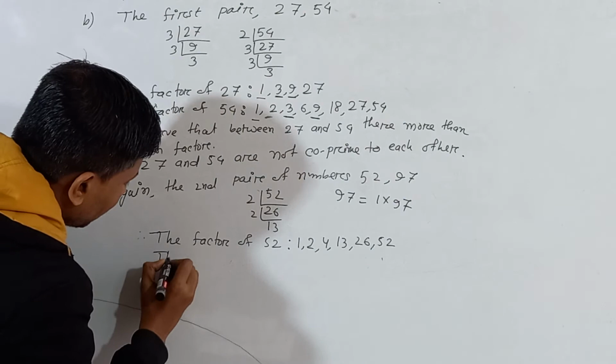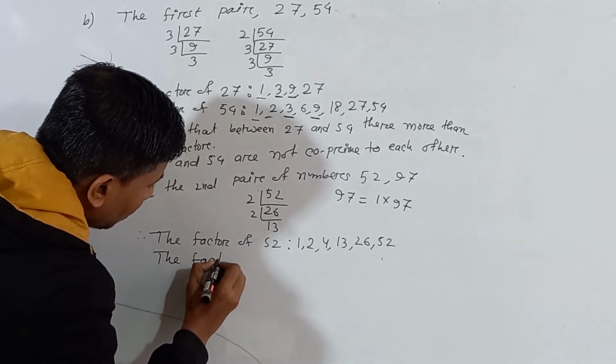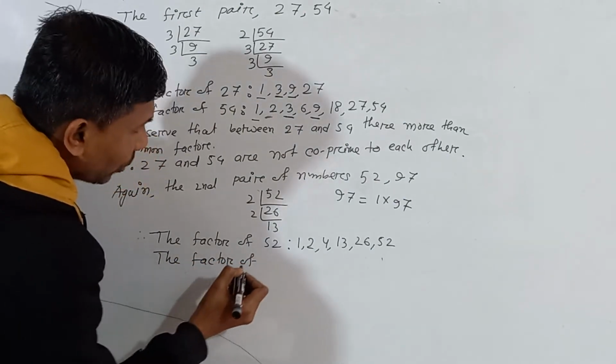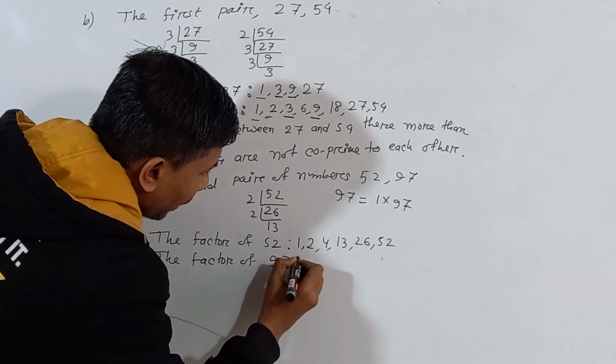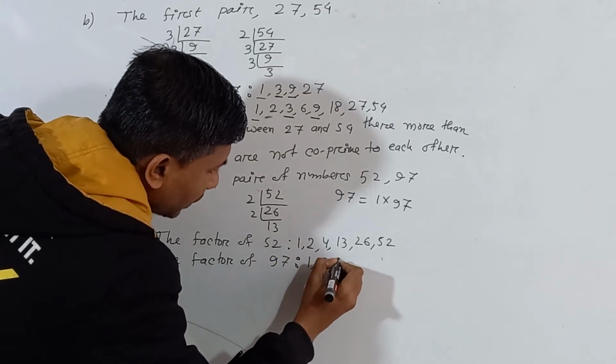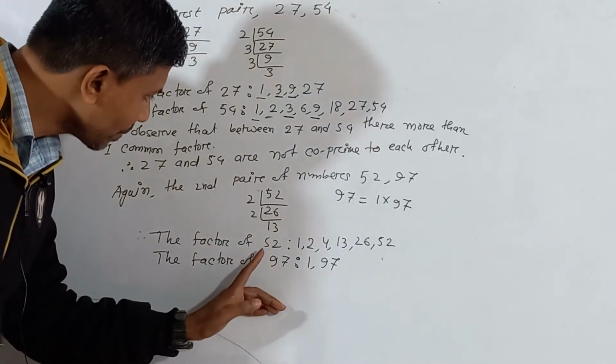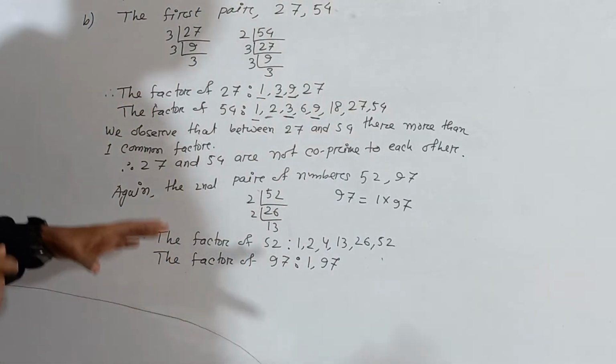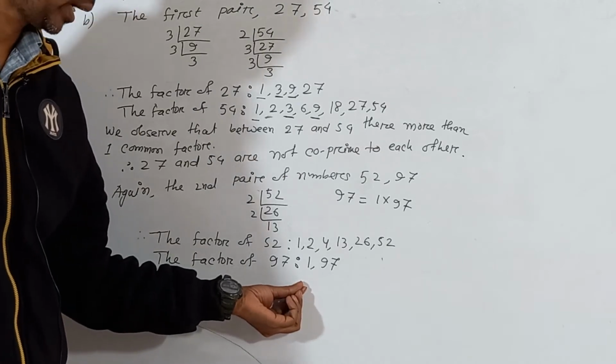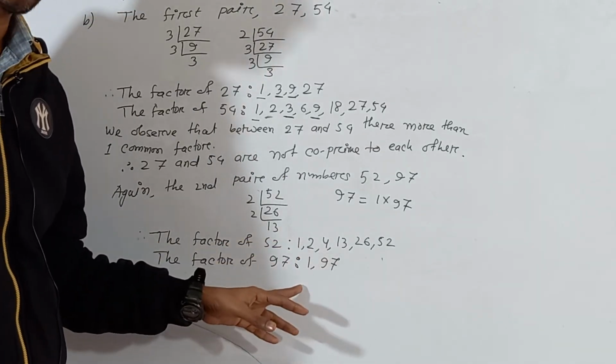And the factors of 97 are 1 and 97. You see, between 52 and 97 there is only one common factor, and the common factor is only 1.